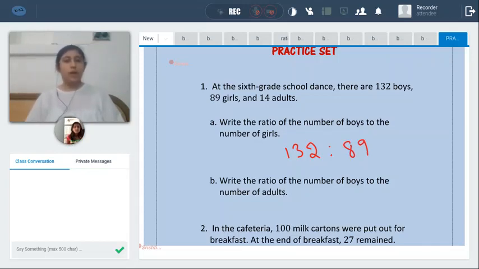Okay. So we know how to write the ratios now. Moving to the next one. Can you scroll it down? I can't really scroll down. I did it for you actually. It is right now loading. Give it some time.